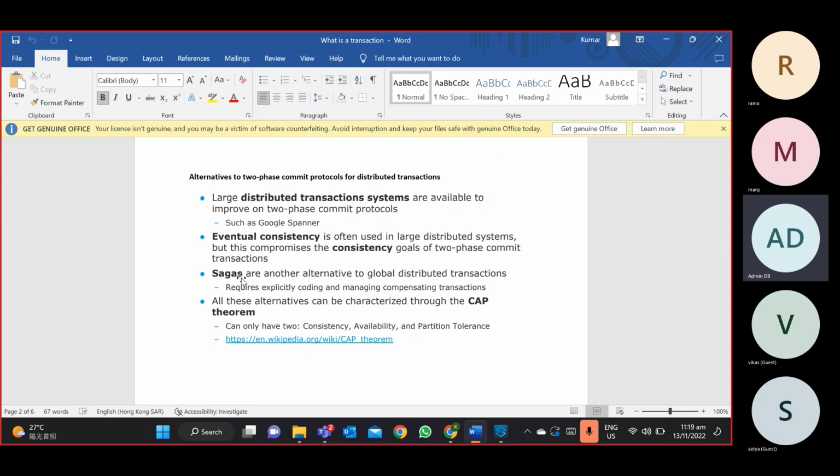Let's say you have Salesforce and the SAP connector. We have many other connectors which don't support transactions, but there you also need consistency. So how will we support transactions there? We have to follow the Saga pattern.